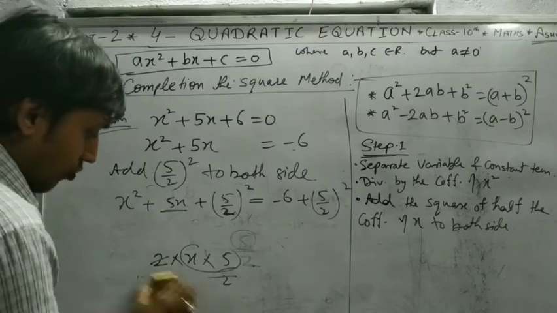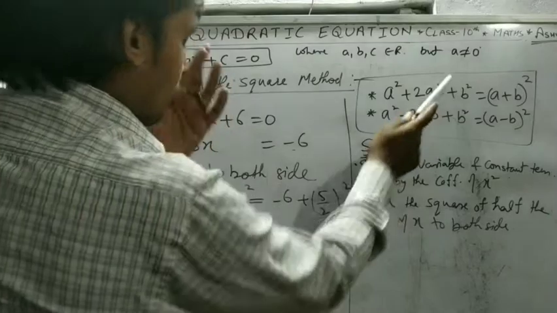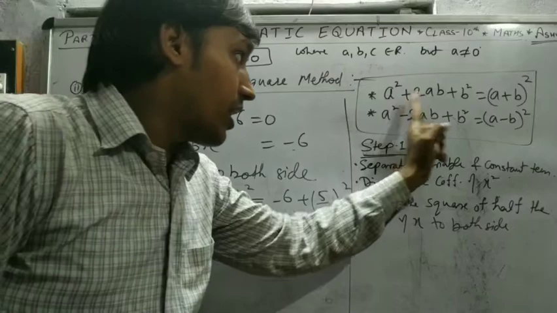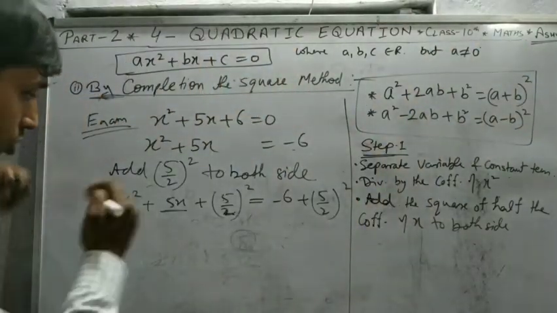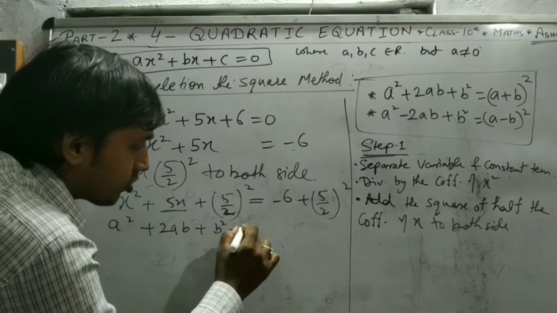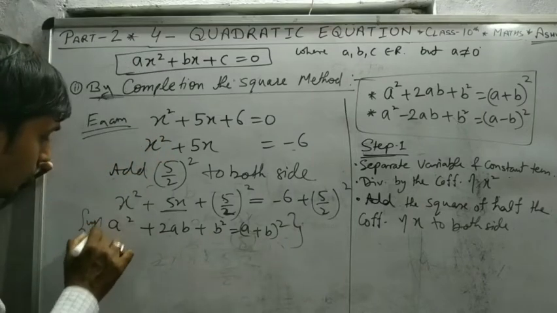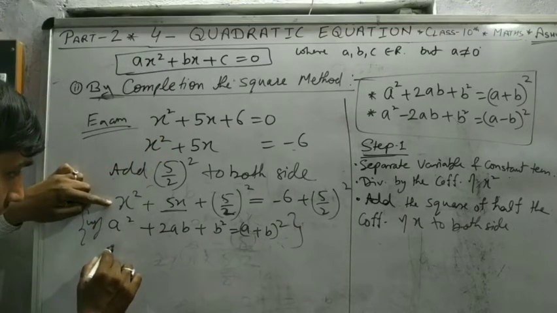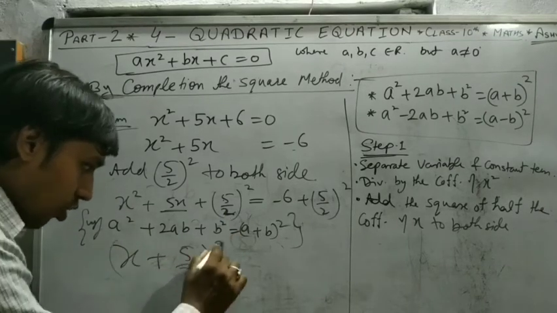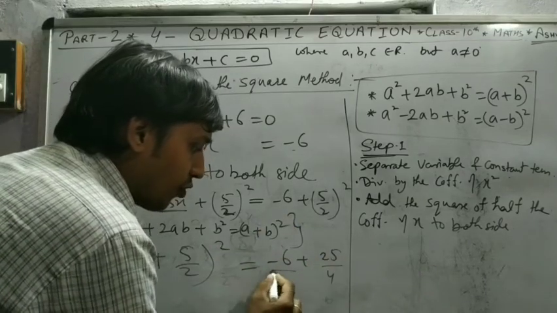So which formula applies here? A square and b square are the same in both formulas, but 2ab has a positive sign here, so it is a square plus 2ab plus b square equal to a plus b whole square. Using a as x and b as 5/2, we get x plus 5/2 whole square is equal to -6 plus 25/4.